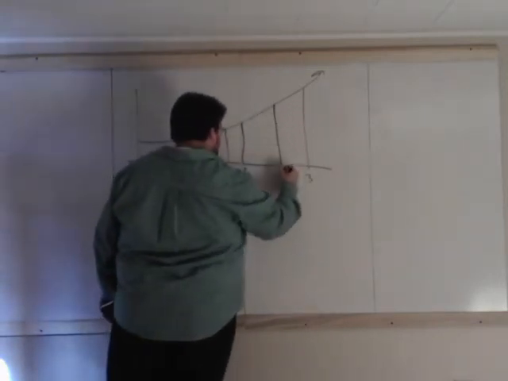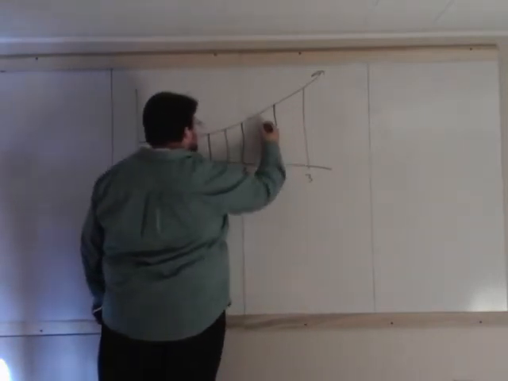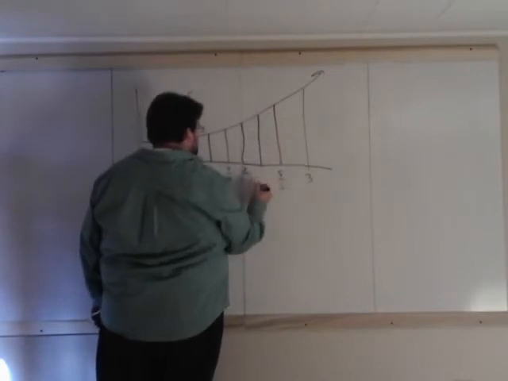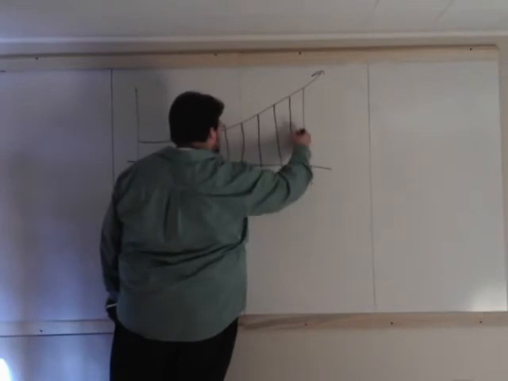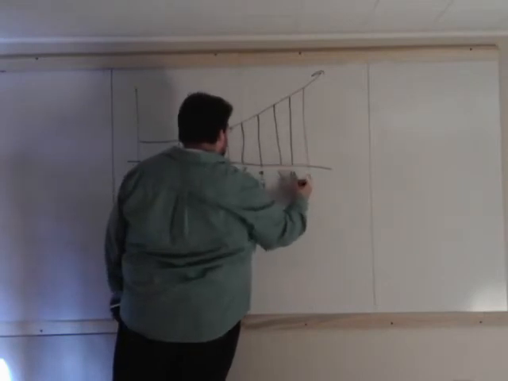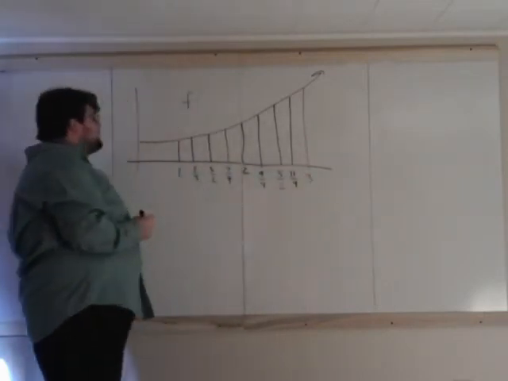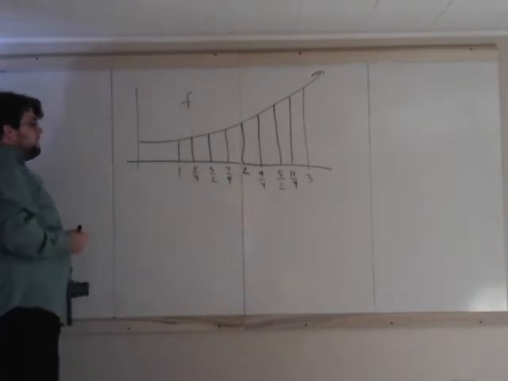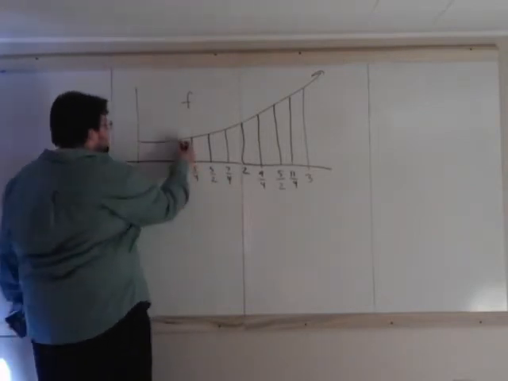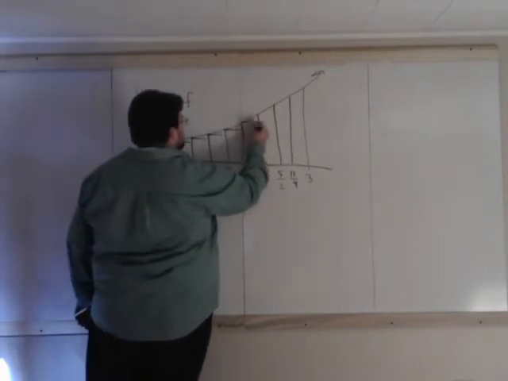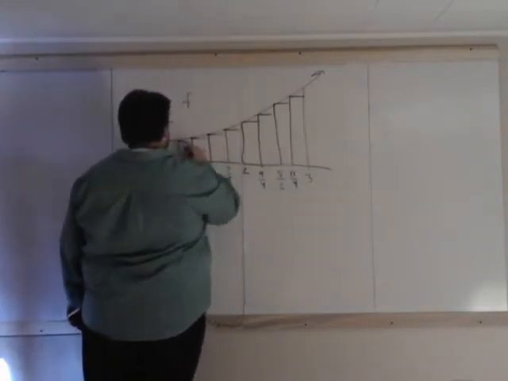Between 2 and 3 is 5 halves. Between 2 and 2 1/2 is 2 1/4. Between 2 1/2 and 3 is 2 3/4. And for algebra purposes, we will use the improper fractions. Now we use this to form the rectangles. I'll draw out the left endpoints.